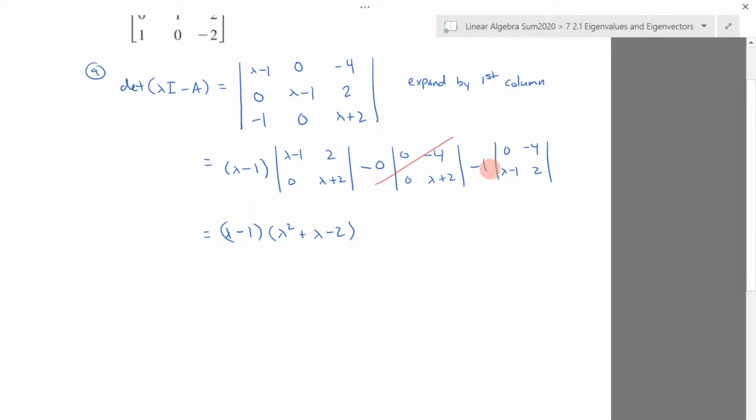Now this was 0, and then now this one. So minus, this is 0, minus this times this. Okay, so this minus was from this, then there's another minus because you're subtracting this, but then minus minus becomes a plus 4, so that's 4 lambda minus 1.